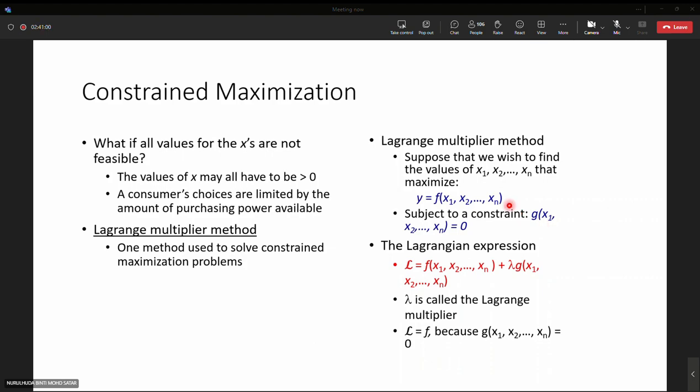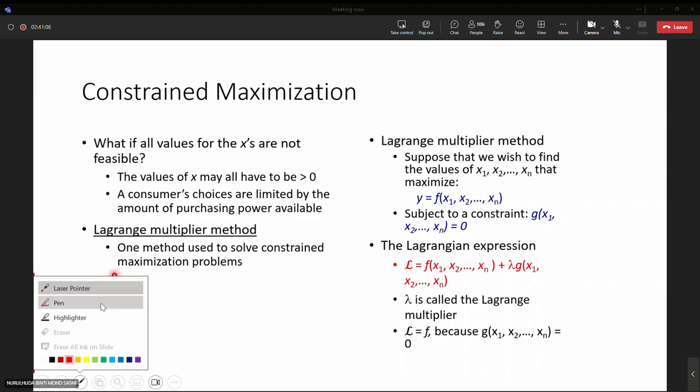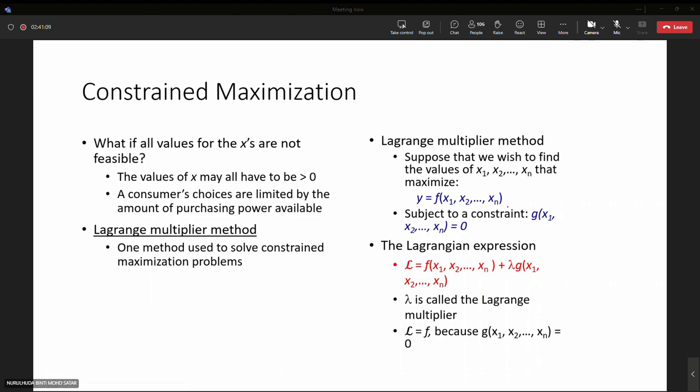So you can imagine that this is a utility and the budget, right? Normally u is a function of x1, x2, in this case until xn. This is a general form, so you can take a specific form.